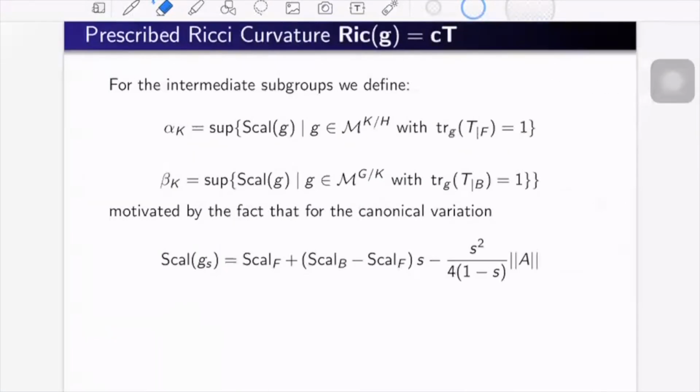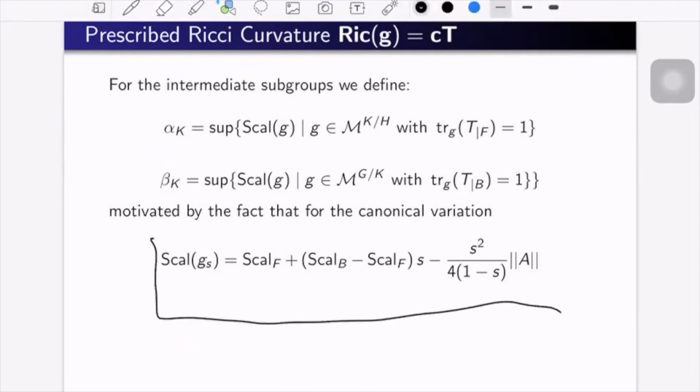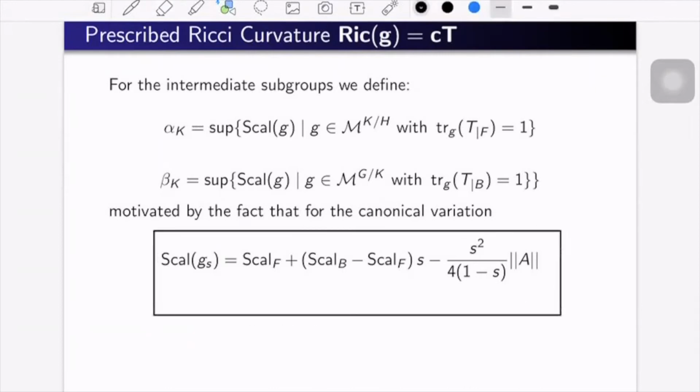Okay, for the prescribed Ricci curvature problem, I do the following. Remember, we had this formula that the scalar curvature of a canonical variation looks like this. And I have this kind of property that I go towards the scalar curvature of the fiber when S goes to 0.